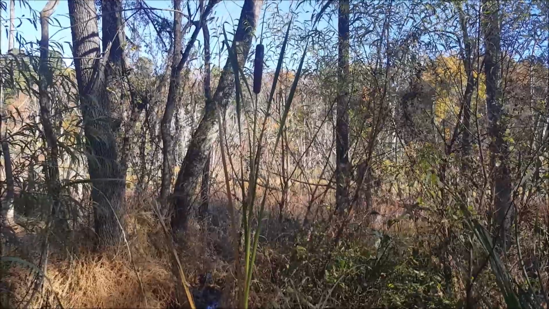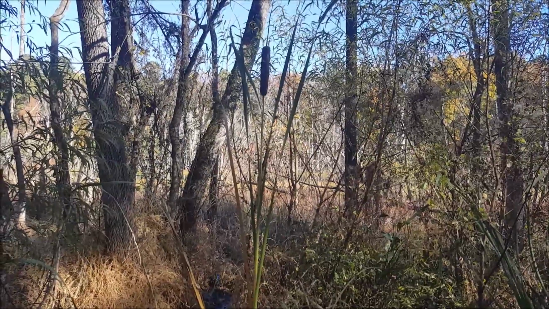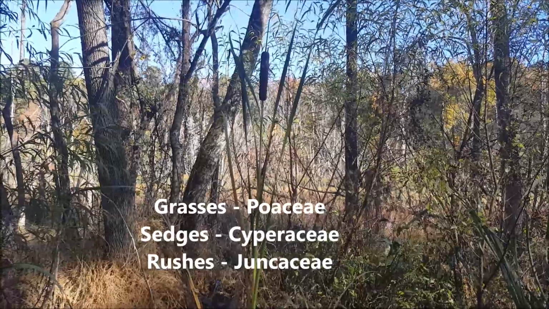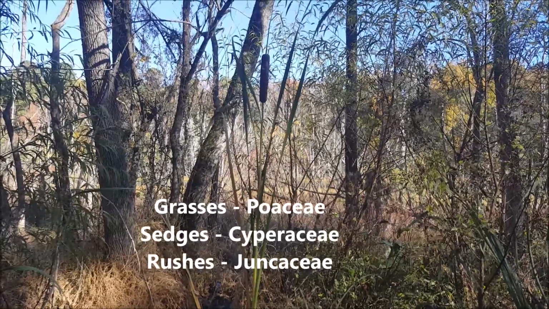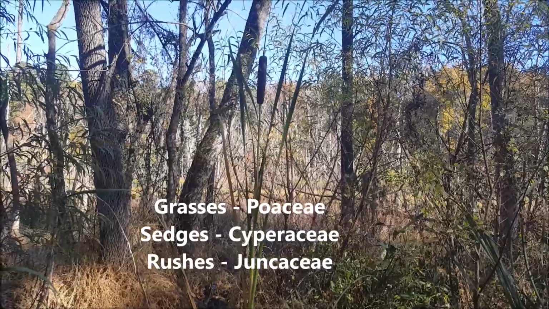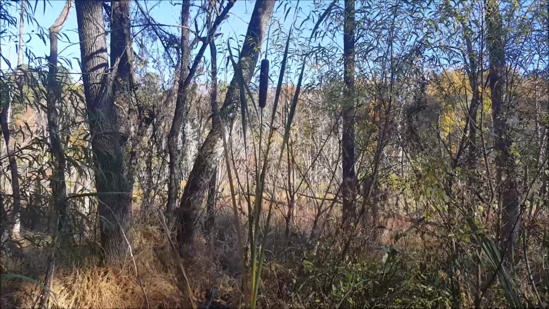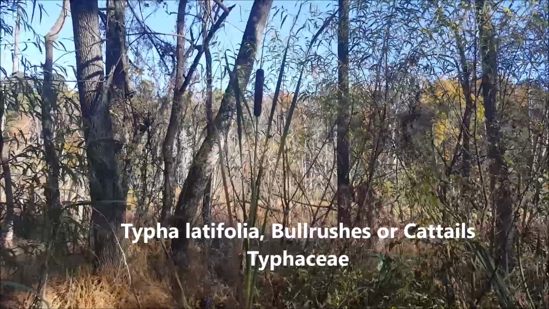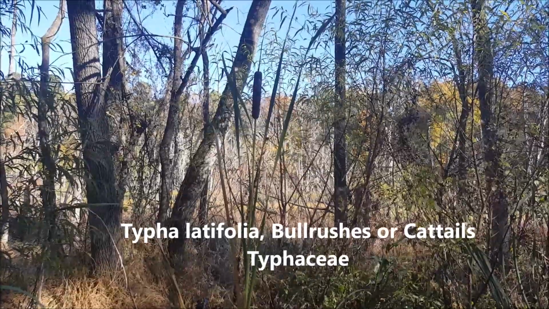So in a wetland, one can typically find a lot of grass species and a lot of sedges in particular, and then also rushes of the family Juncaceae, and here an example of the Typhaceae, which is the bulrushes, sometimes called cat's tails.